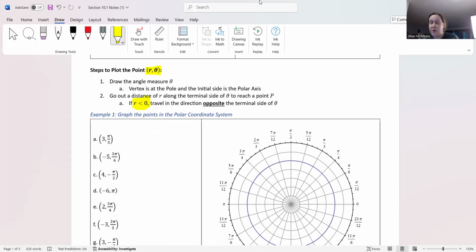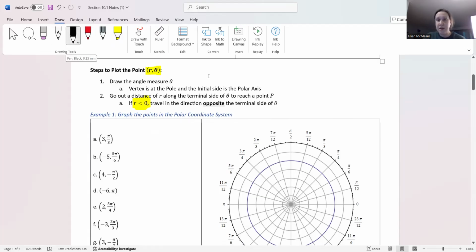We measure a distance from the pole in the opposite direction of the terminal side of the angle. So if r is positive, you sweep open your angle and you measure out some distance from the pole along the terminal side of that angle. If r is negative, you measure the distance from the pole in the opposite direction of the terminal side of the angle. That can be a little bit tricky sometimes, but we're going to look at several examples here.